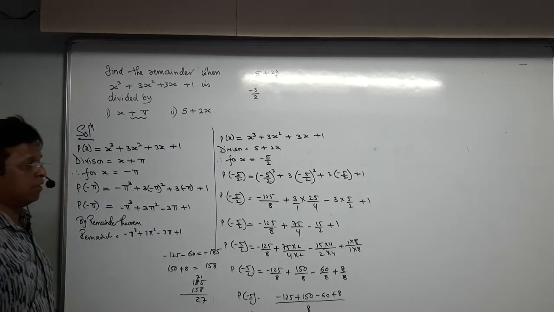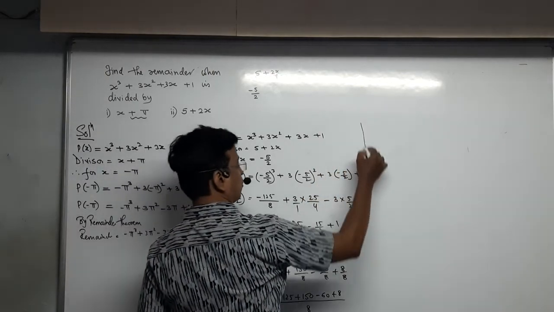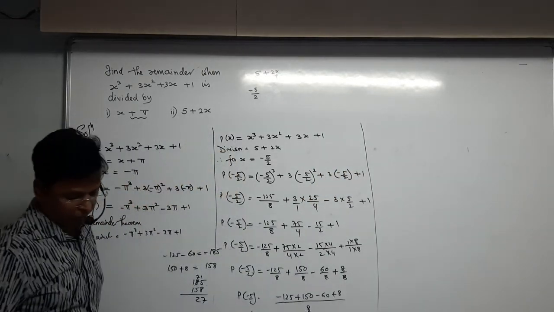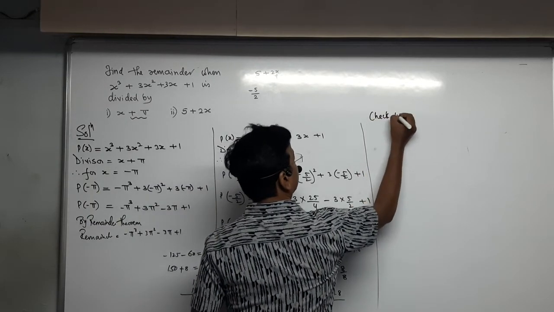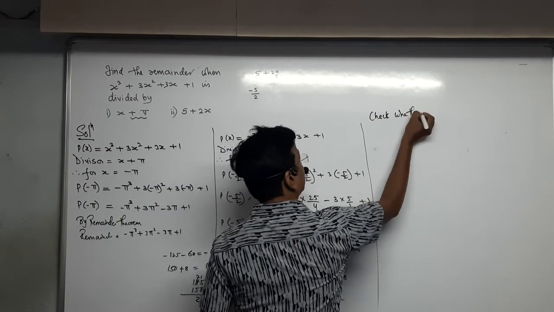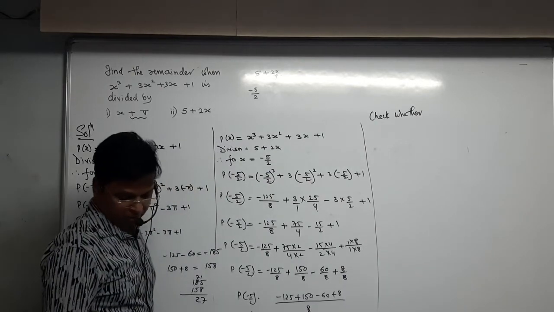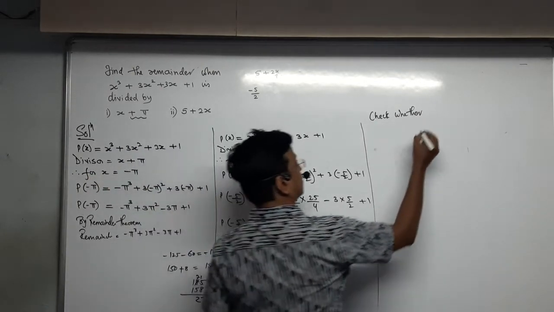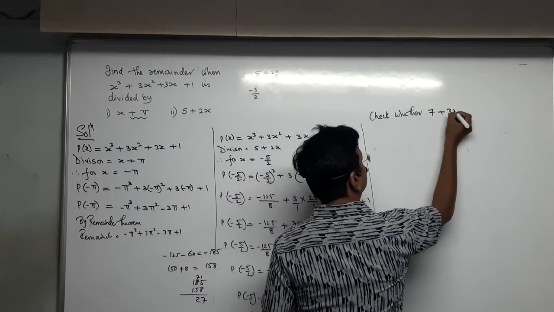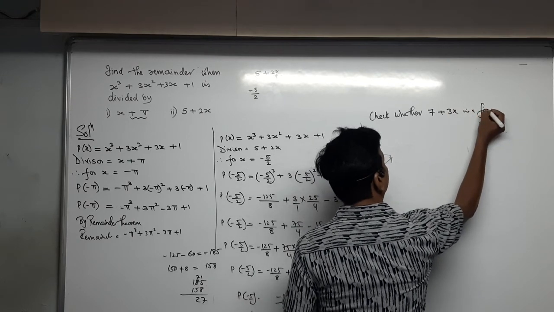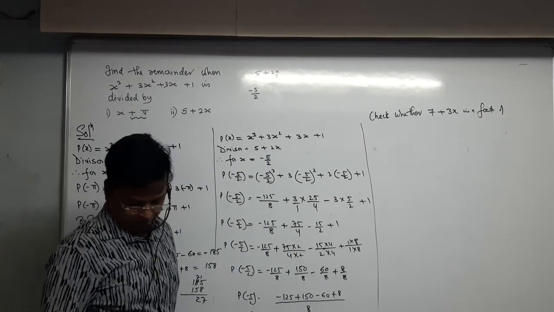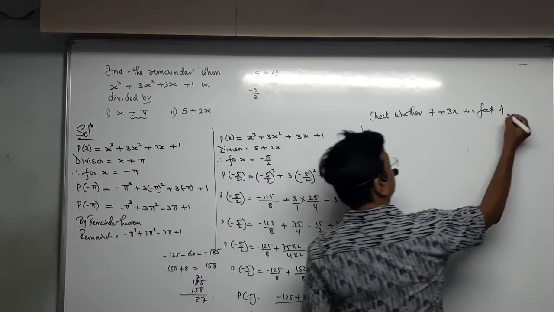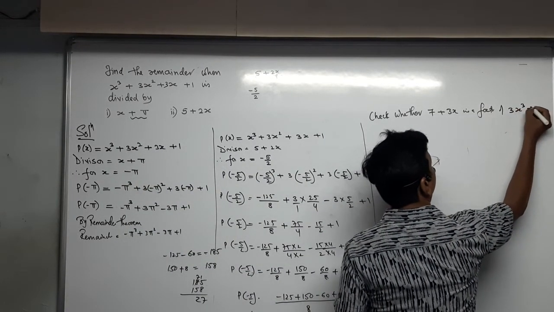Understood? This is all you have to solve, my dear students, for the homework. And the next one, last one, is check whether 7 plus 3x is a factor of 3x cube plus 7x.